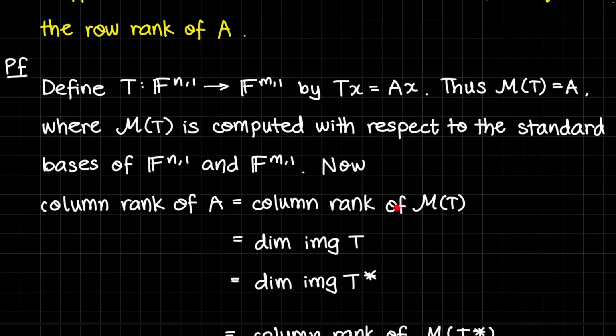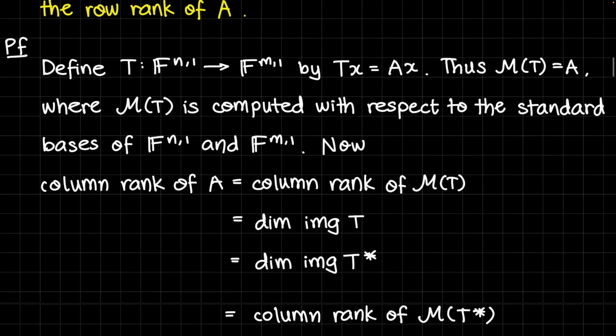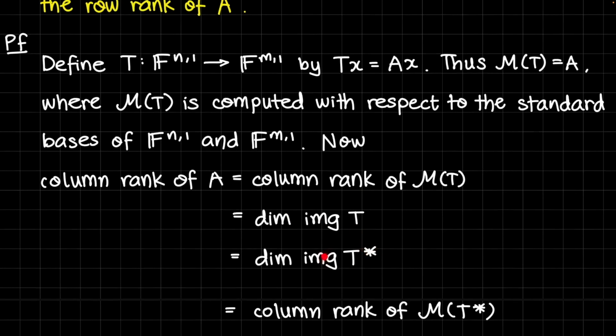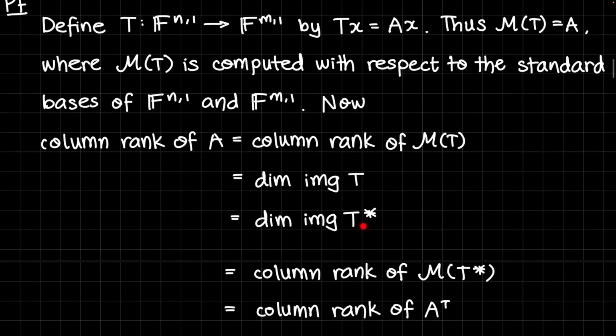Now the column rank of a matrix T, we know from before, is just the rank of that linear map. So that means rank is just the dimension of the image of T. From our last video, we know dimension of image T equals dimension of image of T star. And then the dimension of the image of a linear map is just the column rank of the matrix of that map.